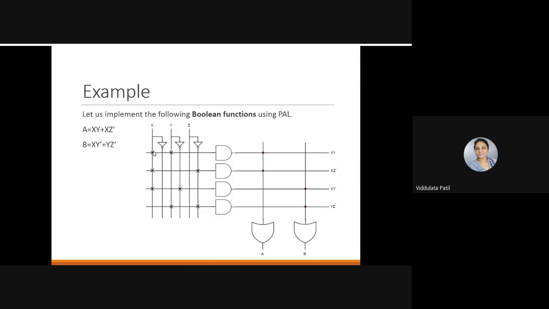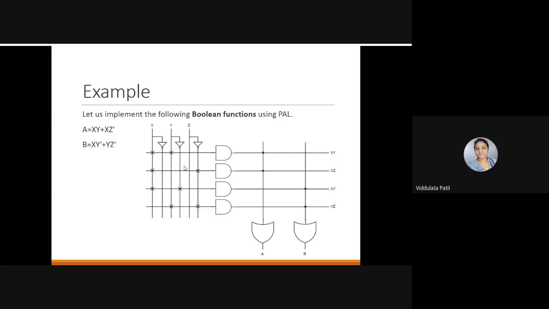Okay. So where there is a cross, that shows that it is connected to this AND gate. So you can see that the first AND gate is connected with the terms x and y. Okay. So this first AND gate will give us the output x and y, and this second AND gate will give us x and z bar, because it is connected. So this you can program.